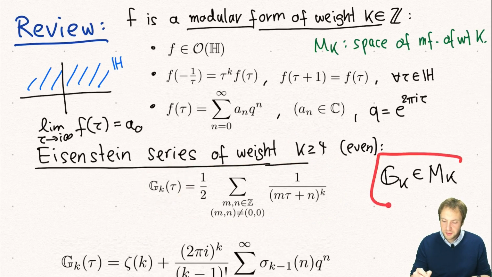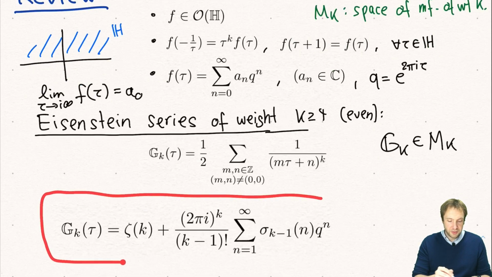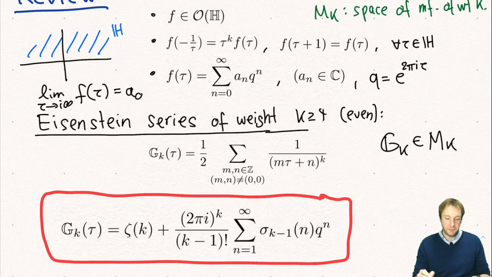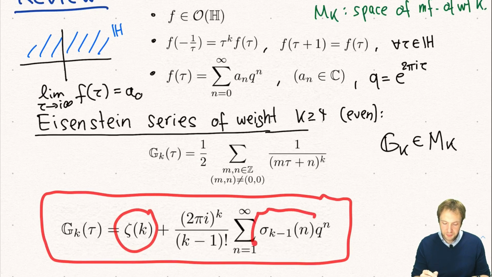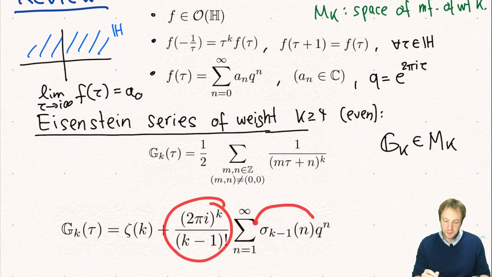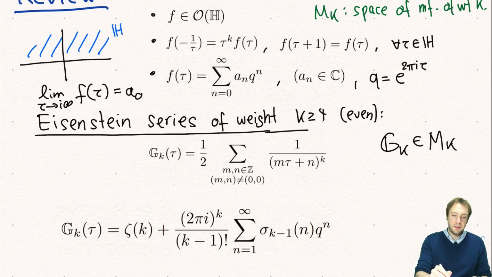And then this gave a modular form of weight k, and the Fourier expansion is given by this sum here, where the a0, the constant term, is given by the Riemann zeta value, and the other a_n are given by some multiple of these divisor sums.